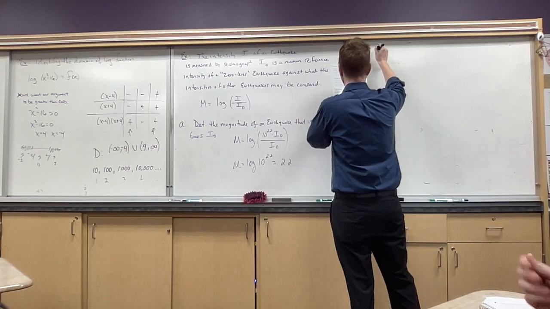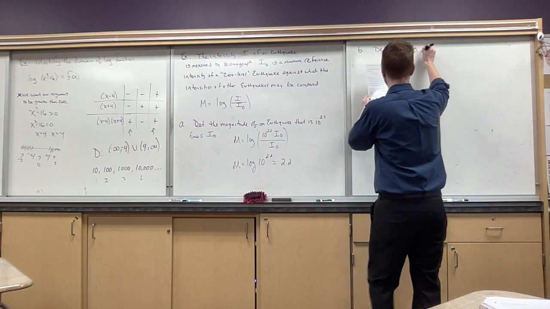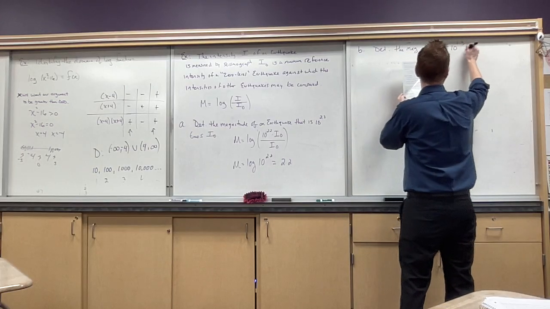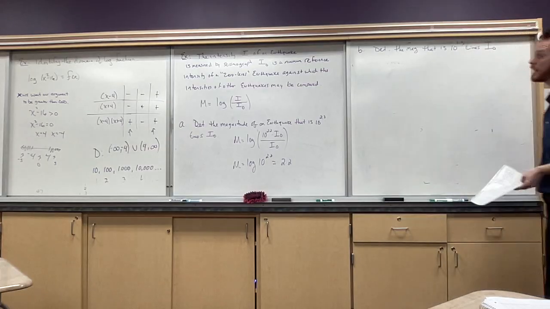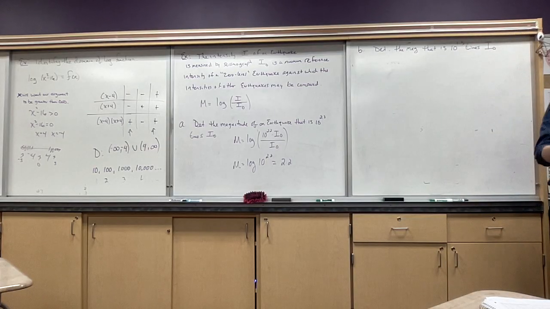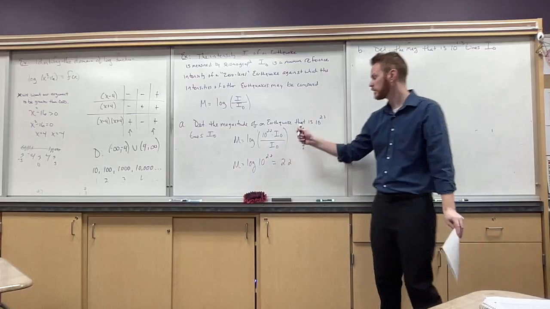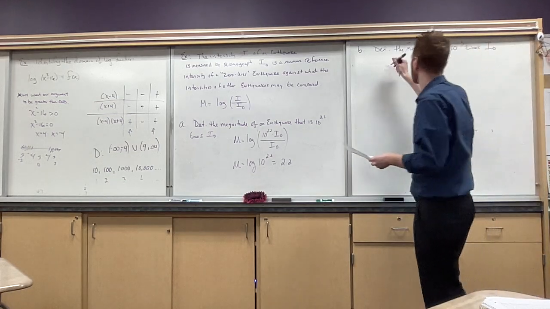Part B, determine the magnitude of an earthquake that is 10 to the 1.3 times the minimum. Again, they don't tell me the minimum, and you might have that in your problem. They actually might give you the minimum, where you don't have to worry about canceling out the I sub O's. You might just have to divide the two to get to that point. But in this case, we're not given any initial there.